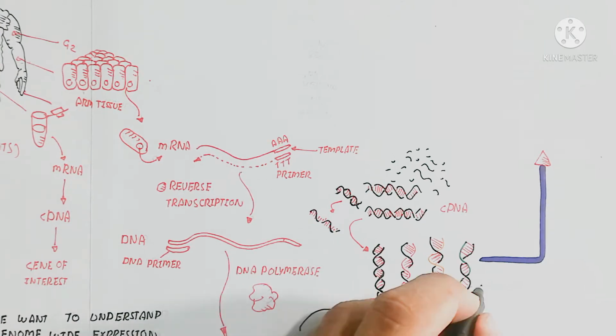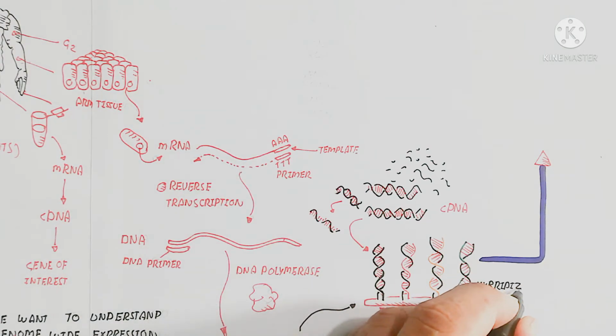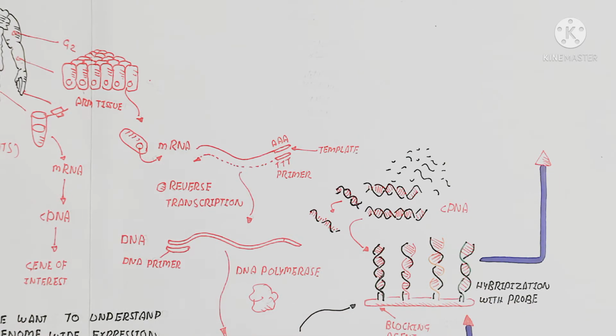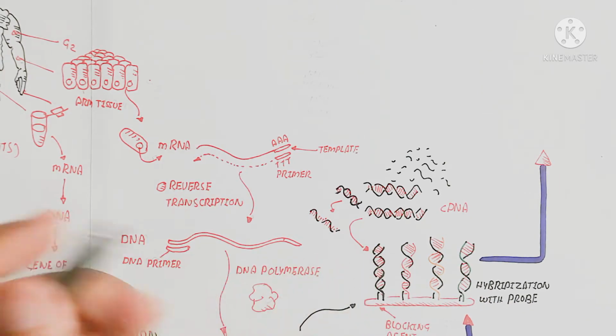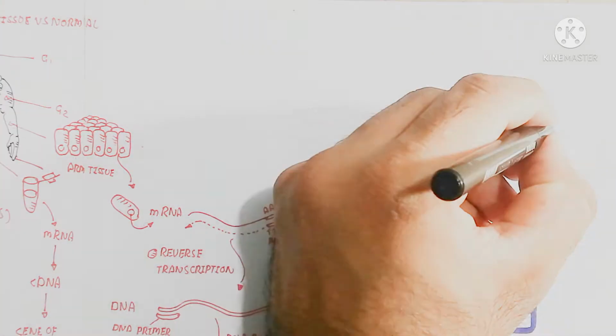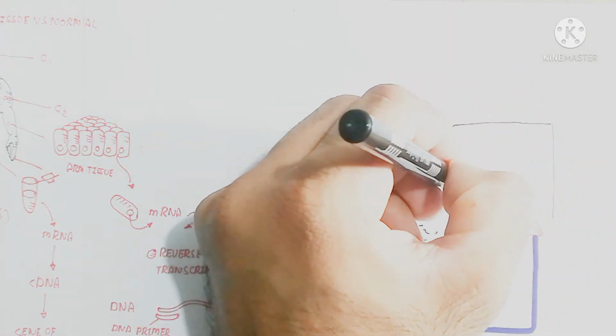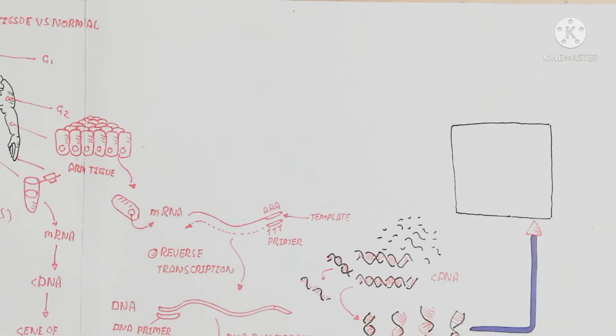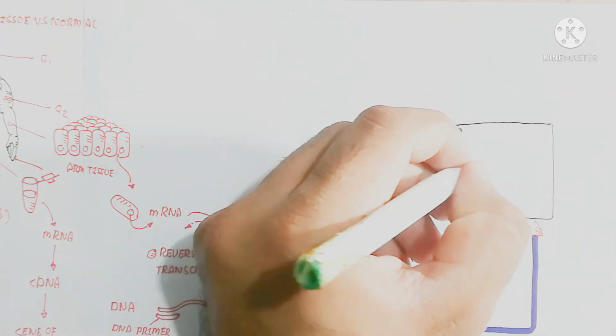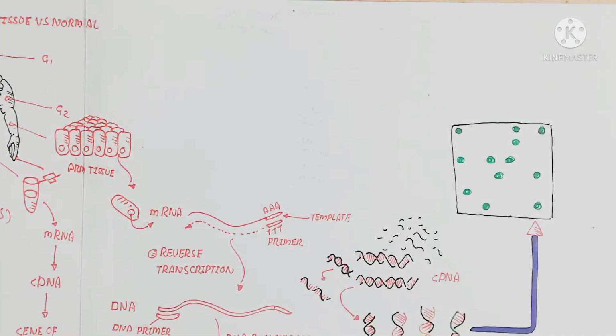So that means the hybridization will occur. The different color containing probe will bind with the specific gene on the basis of specificity of the array, which contains a specific gene that binds just one type of gene of interest.